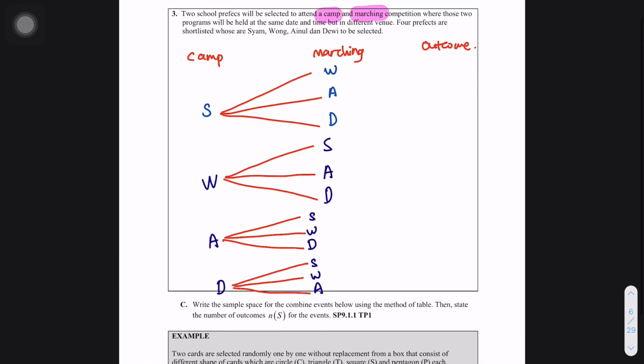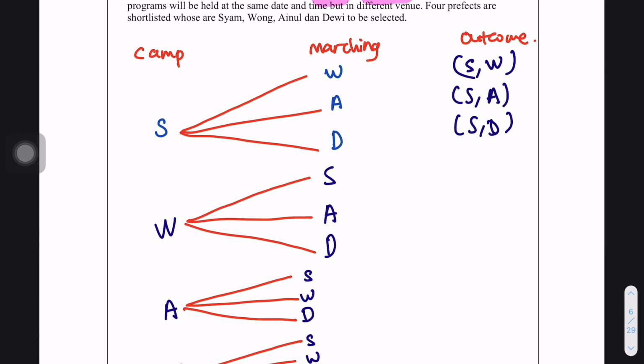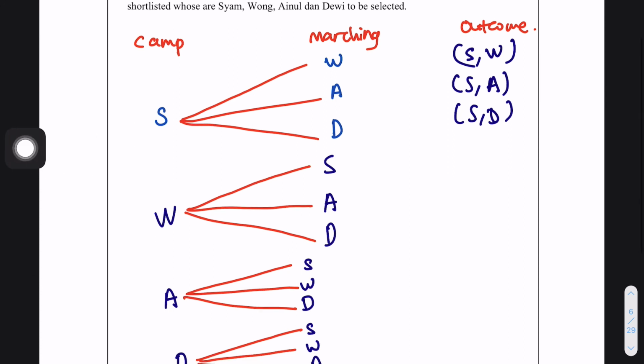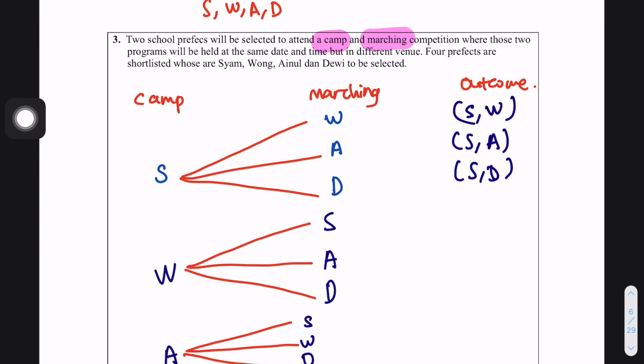So the outcome is, if Sham is selected for camp, Wong will be selected for marching, then SA, SD. For you, I want you to write it in full name, that's fine. Next, Wong Sham, Wong Ainul, Wong Dewi.